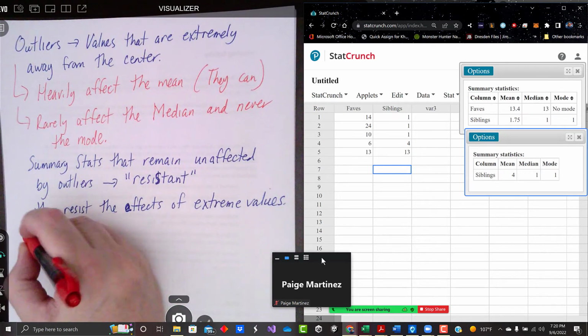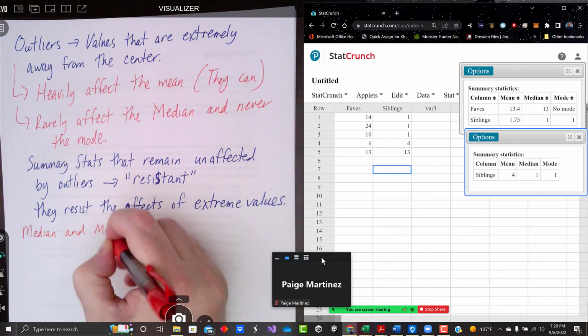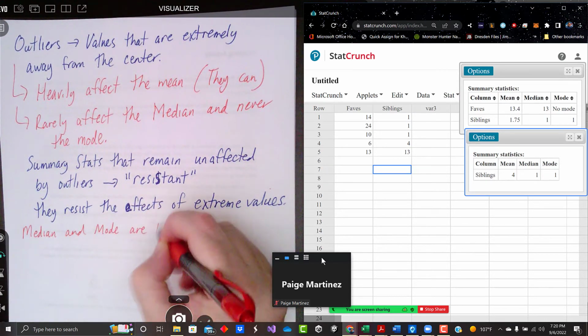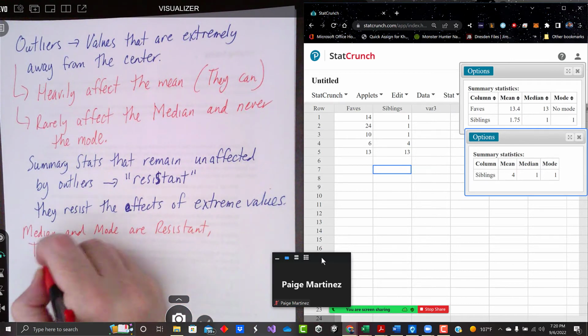So the median and mode are resistant. The mean is not.